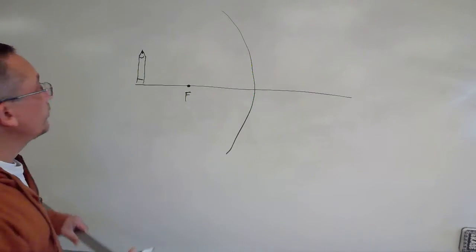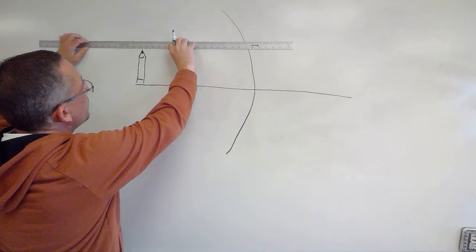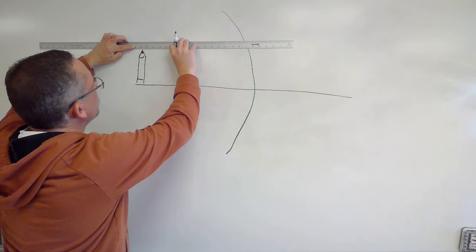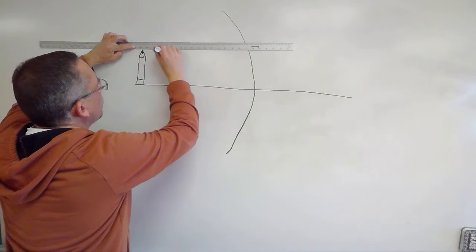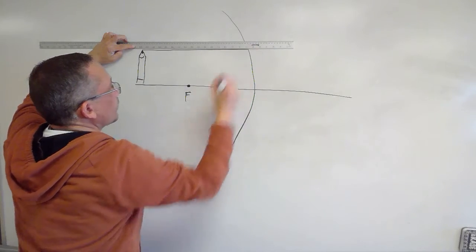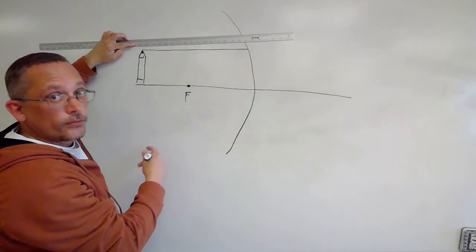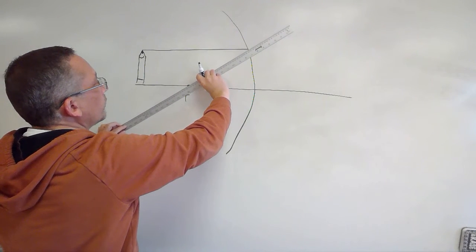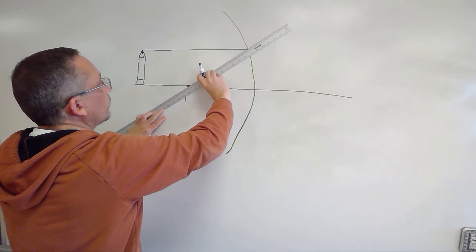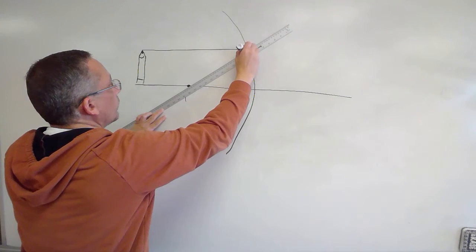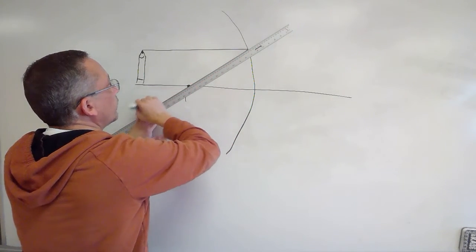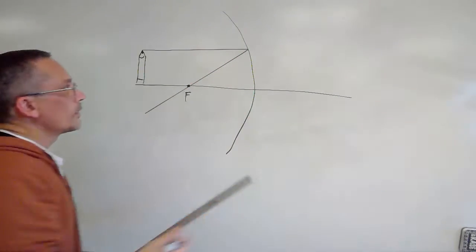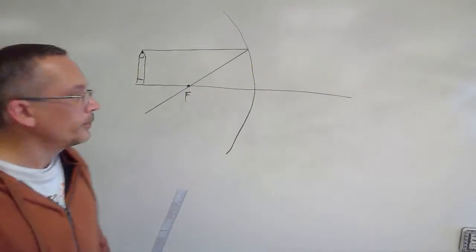So the first ray is going to go parallel to the principal axis. And then it's going to go through the focus. You'll notice there's nothing behind the mirror there.